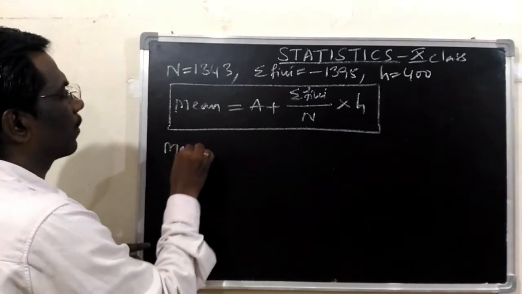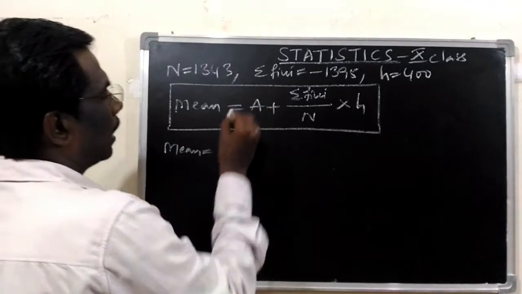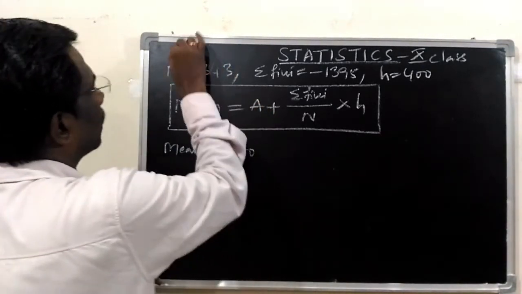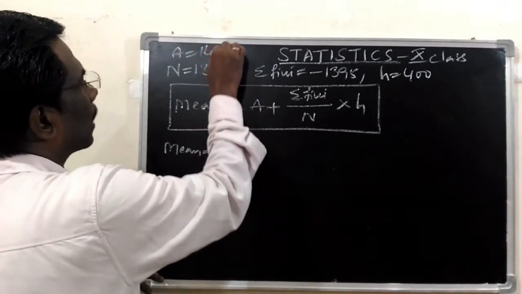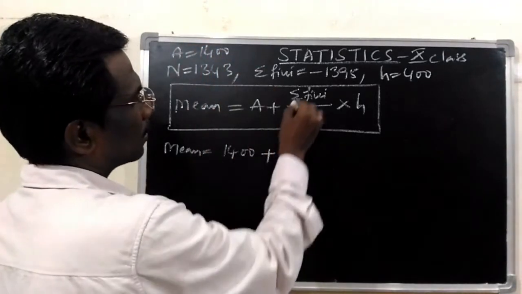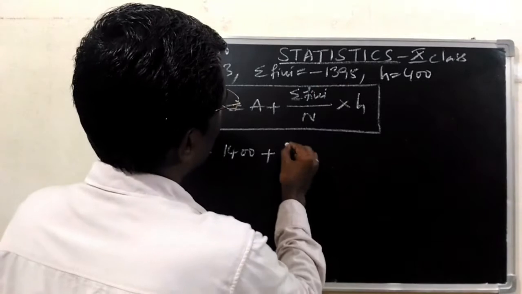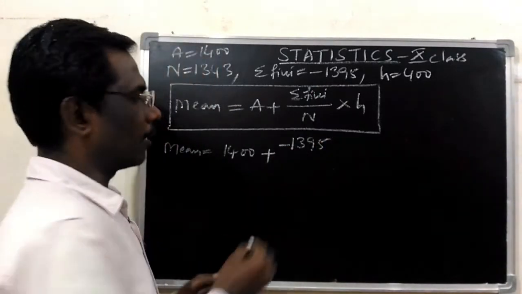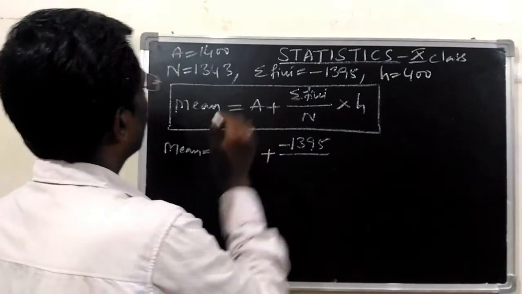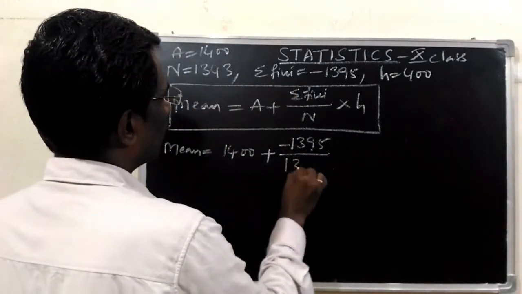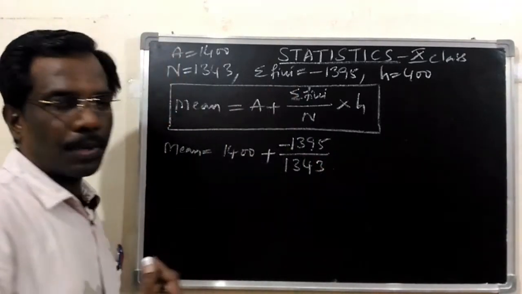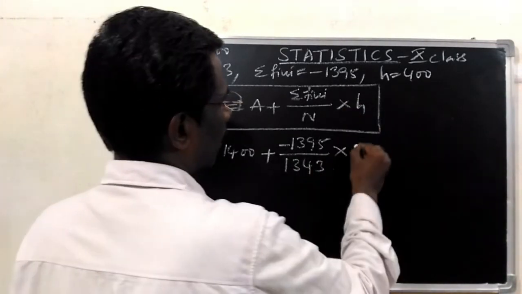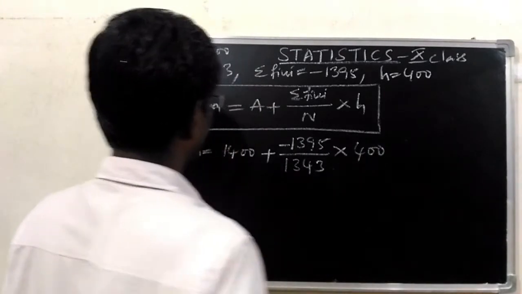So write mean is equal to A, assumed as 1400, plus sigma Fi ui, we got minus 1395, divided by n, which is 1343, into h, which is 400.